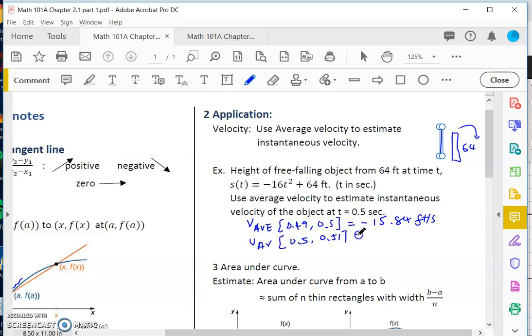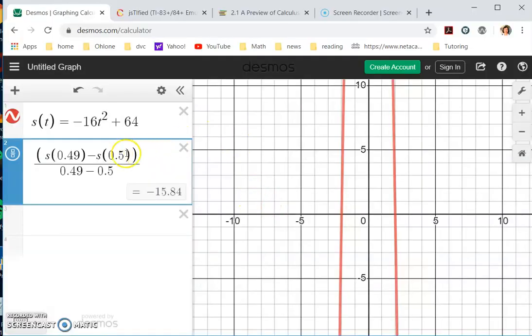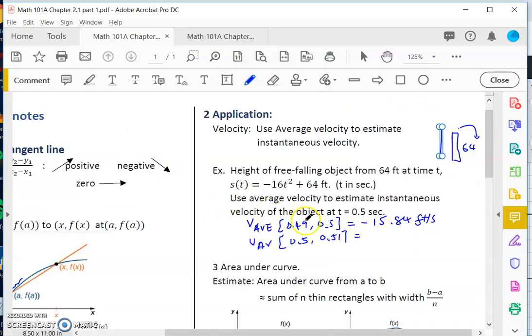So if I want to find the average velocity from 0.5 to 0.51, 0.01 second away, oh, I got negative 16.16. So you see they are actually close to each other. If you are 0.01 second before and 0.01 second after, you get about negative 16 feet per second.